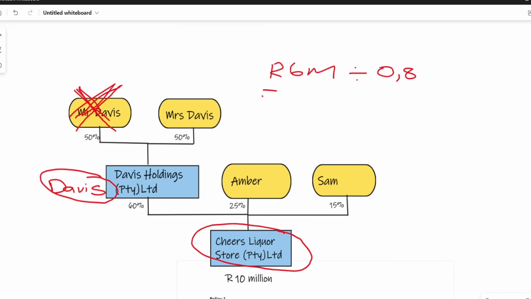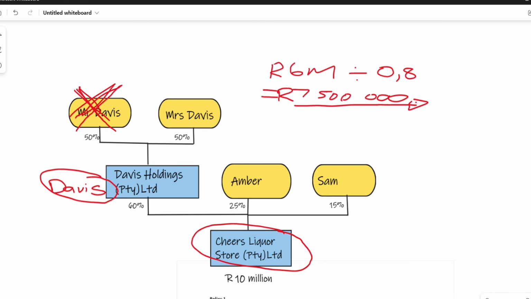And then it gives you a figure of 7,500,000. So in other words, instead of selling a policy as policy number 3 and having the sum assured of 6 million rands, you actually make the sum assured 7.5 million rands, so that estate duty is taken care of in that scenario. But again, just remember that this is for estate duty.